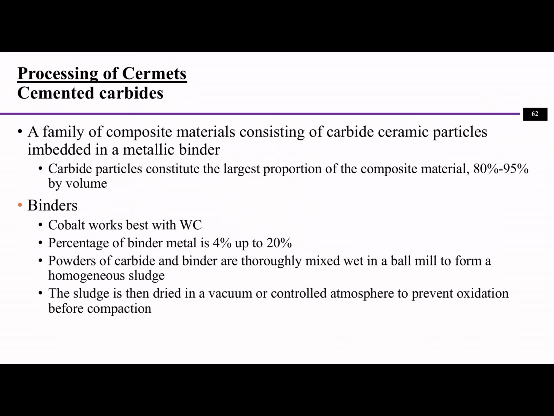Some binders, such as cobalt, work best with tungsten carbide, and the percentage of the binder metal is usually 4% or up to 20%. The powders of the carbide and the binder are usually thoroughly mixed together, wet in a ball mill, to form a homogeneous slurry.